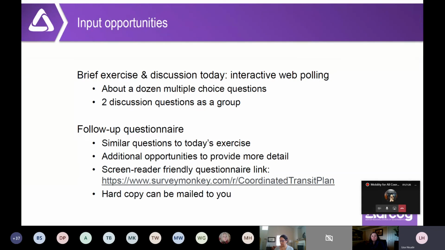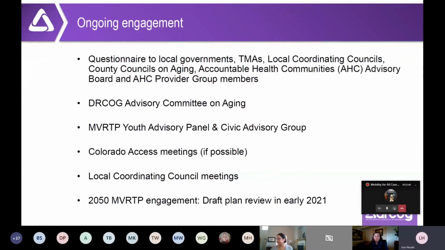The questionnaire is screen reader friendly. It's just a SurveyMonkey questionnaire. The link is here. I can also put that in the chat box, or we can mail a hard copy if that works as well. But for those of you who can participate today, we'll go into that activity.